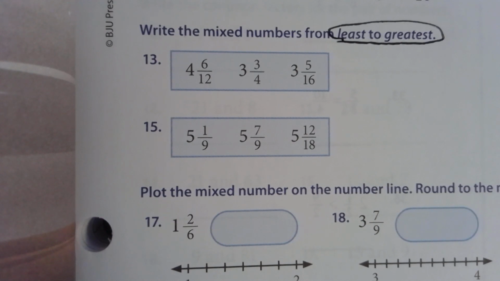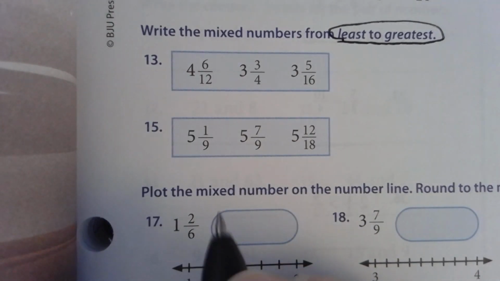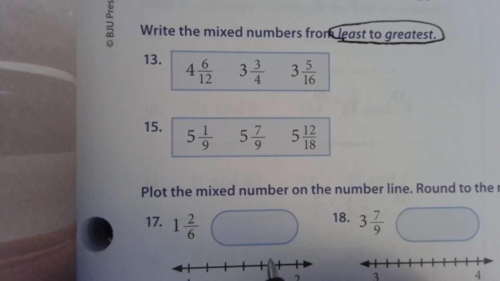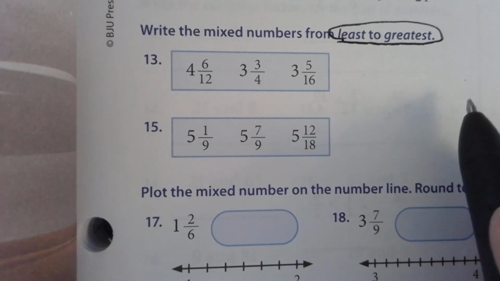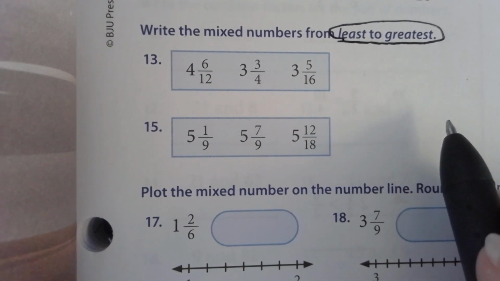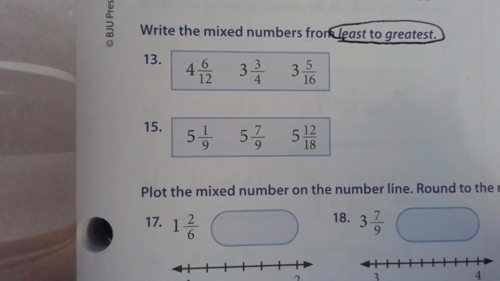What I noticed when I was grading is that some of you are putting like a 1, a 2, a 3. If you would not do that, I would really appreciate it. It is much faster for me to be able to just take what you write and compare it to my answer key, instead of figuring out which is 1, which is 2, which is 3. That takes me extra time. I know it's faster for you to write those numbers, but again, when we make it easier for the teacher to grade things, they like us more.